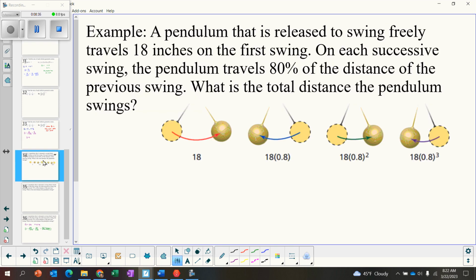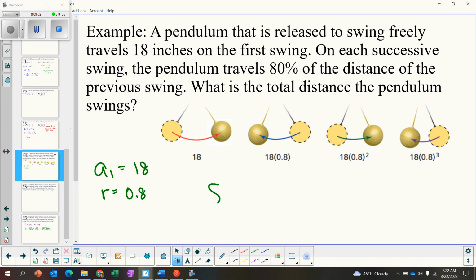Now we can have a little word problem. A pendulum that is released to swing freely travels 18 inches on the first swing. On each successive swing, the pendulum travels 80% of the distance of the previous swing. What is the total distance the pendulum swings? So we have a sub 1, or the first swing, is 18, and our r is 0.8, because it's 80% of each one.